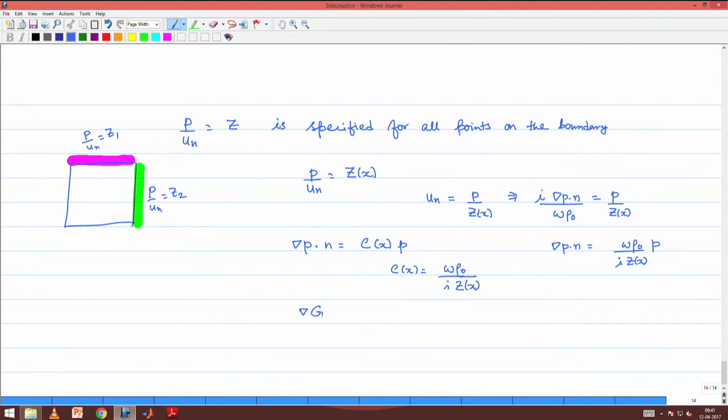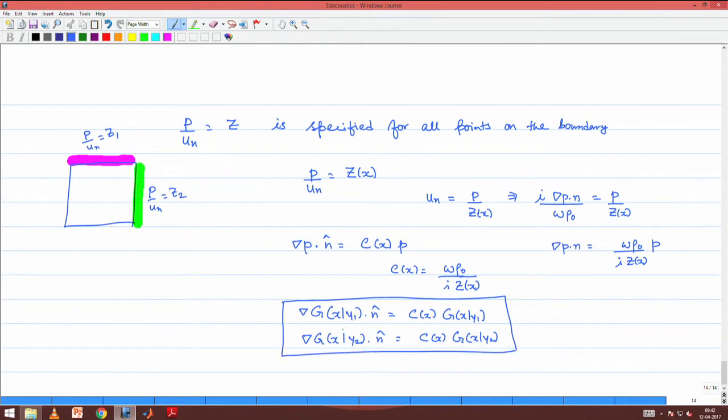So, gradient of g(x, y1) dot n, n is the unit normal vector, is c of x g(x, y1), and similarly gradient of g(x, y2) dot n is also c of x g(x, y2). This is how we related the two directional derivatives in the normal direction of the Green's function with the value of the Green's function itself.